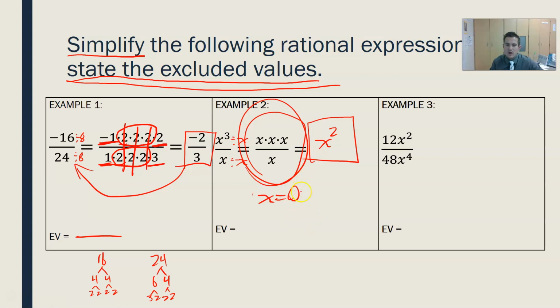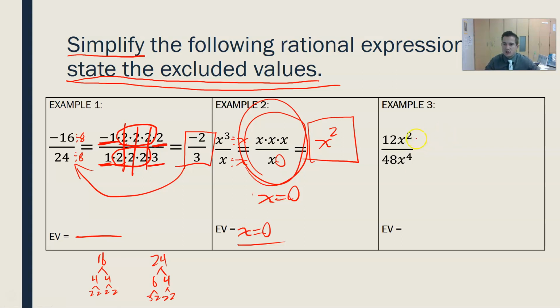In this case, when x is equal to 0, I'm going to be dividing by 0. If I put 0 in here for x, I'm dividing by 0. I can't do that. So my excluded value is going to be x equals 0, because if I put 0 in for x, it forces me to divide by 0.